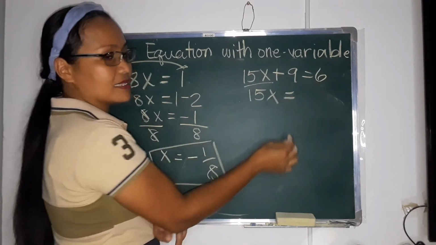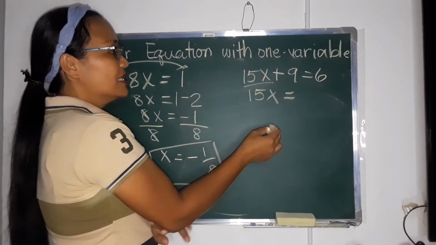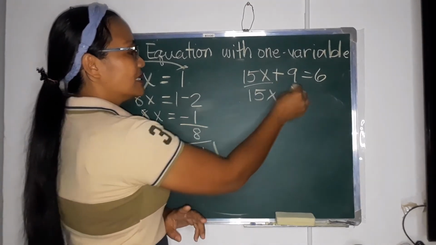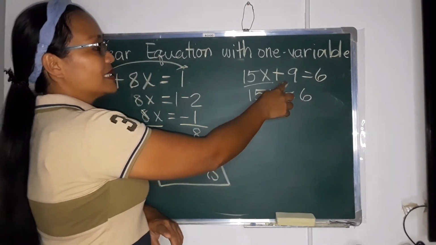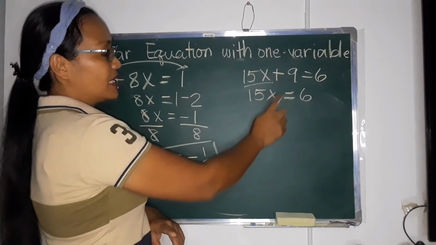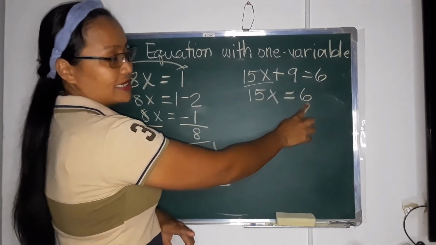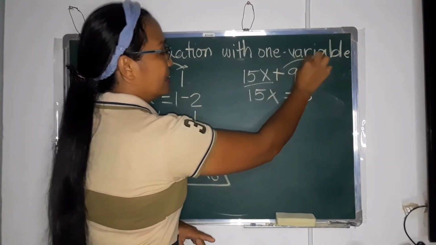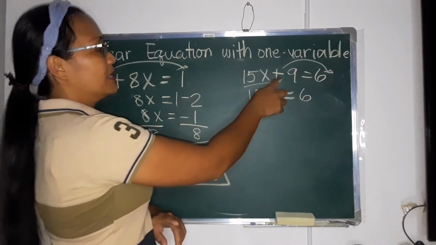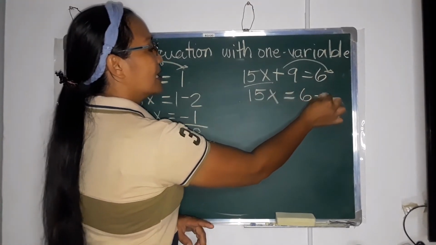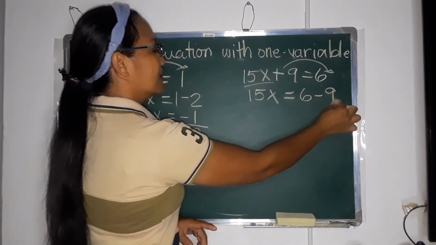And 6 is one of our constants, which is on the right, so simply copy. And then positive 9 is also a constant, so we're going to join it to 6. So move this positive 9 over the equal sign, to the other side. So positive becomes negative, and then just copy 9.